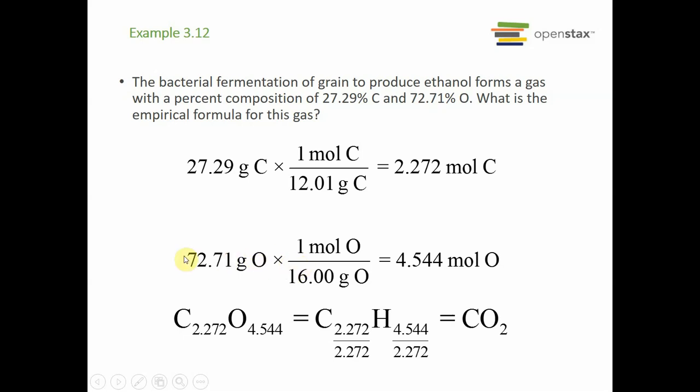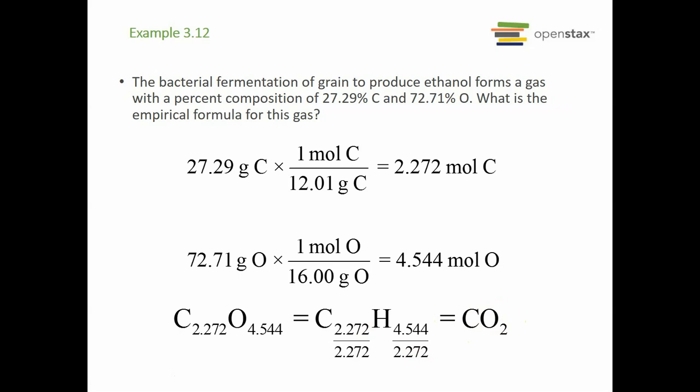And similarly, with the amount of oxygen, you divide by the atomic weight of oxygen, 16, to get the number of moles of oxygen in a 100-gram sample. And then you divide by the smallest of these, which is the 2.272, and this ends up being a subscript of 1, and this is a subscript of 2, and the gas was CO2 or some multiple of CO2.